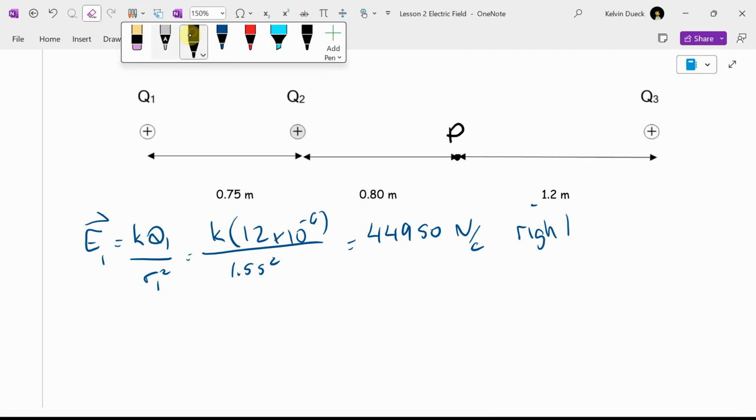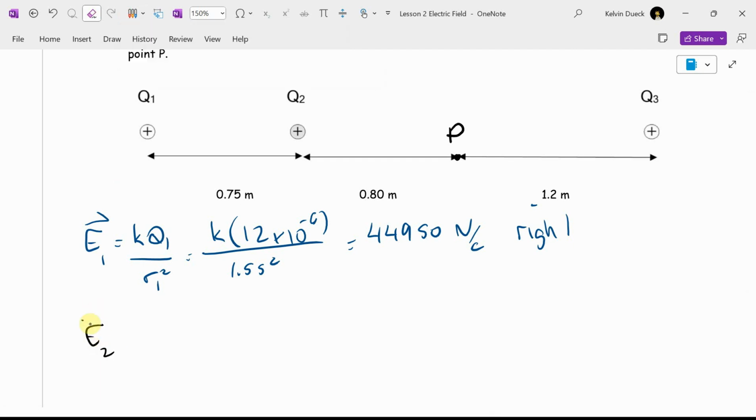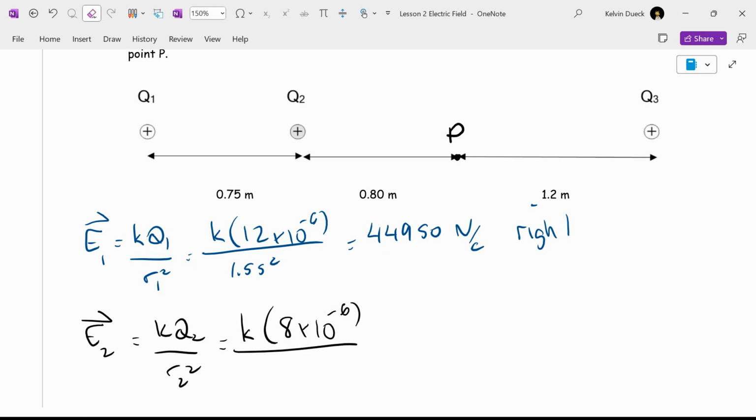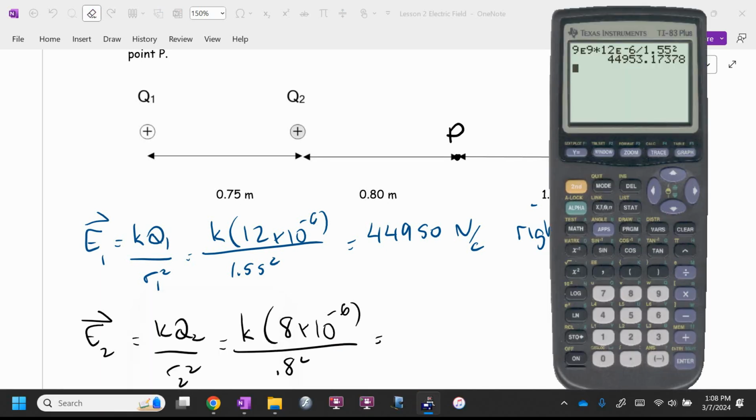Now I'll find the electric field from charge 2. It's going to be K Q2 over R2 squared. It's going to be K. I've scrolled down, Adam. What was Q2? Oh, that one is 0.8. And I can just backspace, I think.